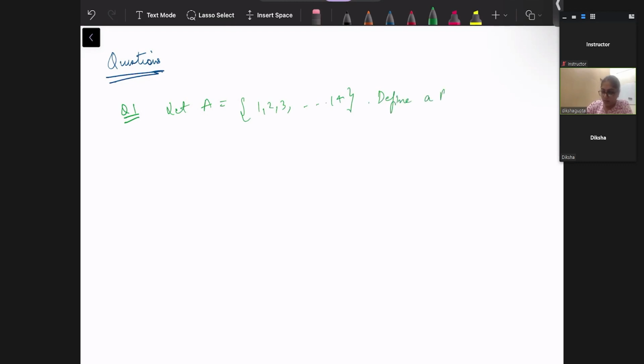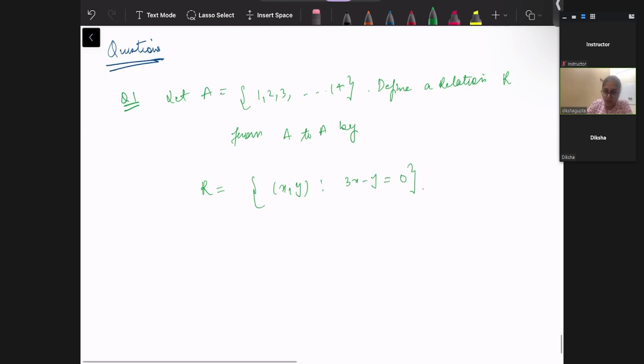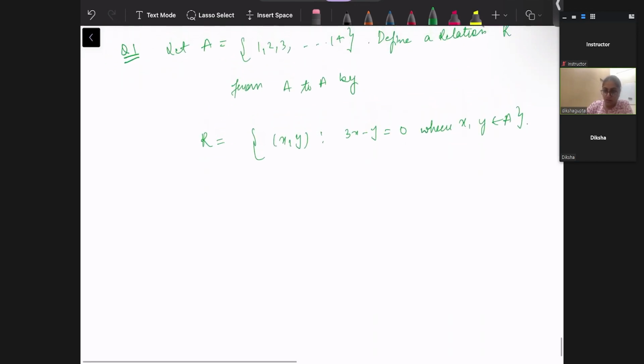Define a relation R from A to A by R कैसा है, x comma y such that 3x minus y is 0, where of course x comma y belongs to A. So the question is, write down the domain, codomain, and range of R.